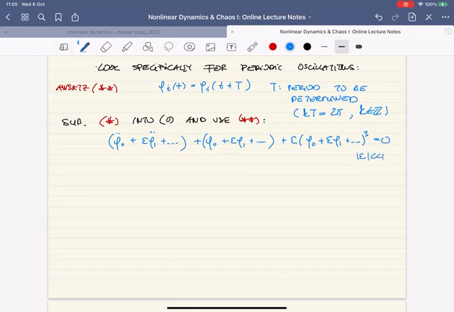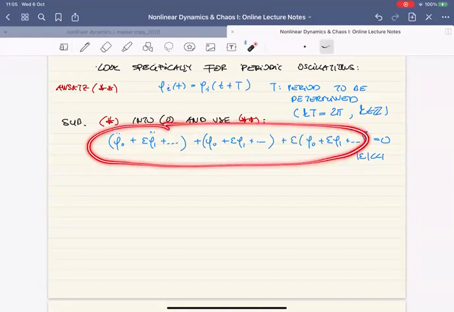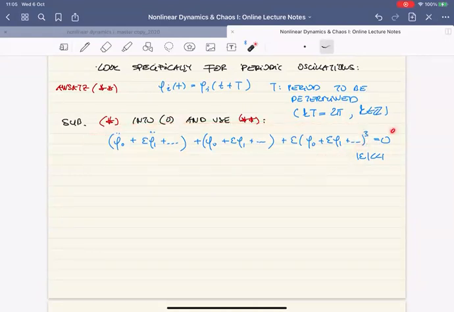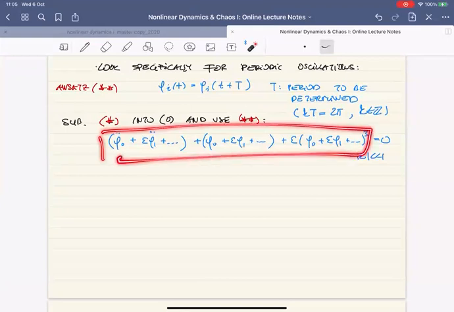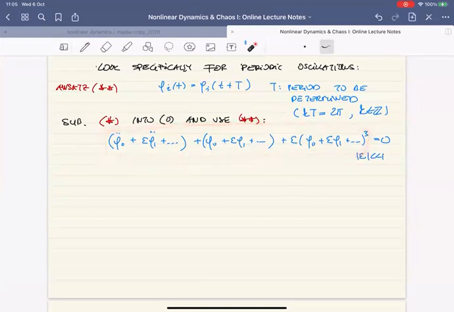So I essentially have a Taylor expansion in terms of epsilon on the left-hand side, and I have identically 0 on the right-hand side. So this must hold for all times because phi naught is a function of t, and also must hold for epsilon. So again, I have a function of epsilon and t on one side, and a function which is identically 0 on the other side.